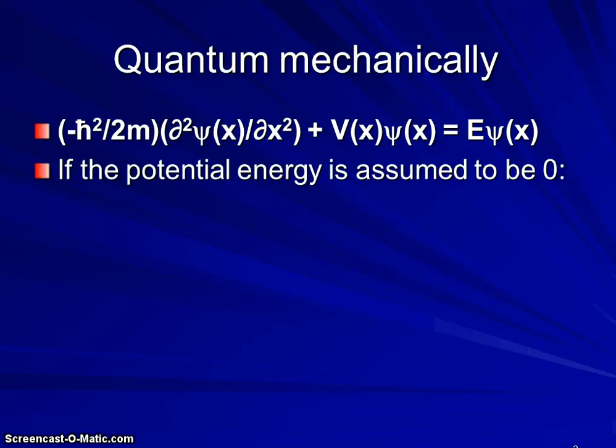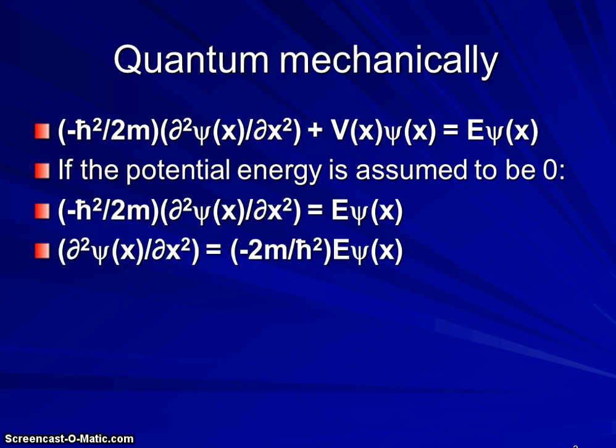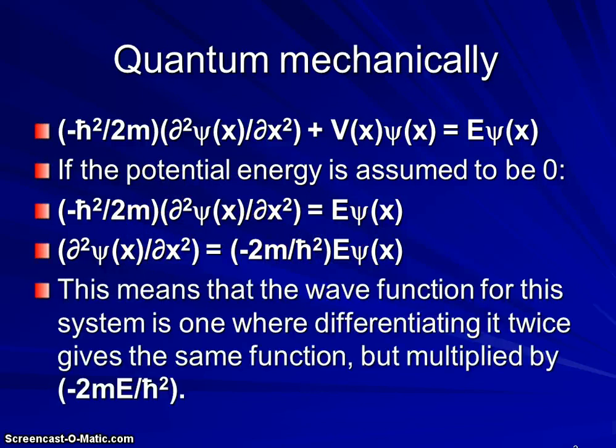If we assume the potential energy to be zero, just to make our math a little bit easier, then that term can drop out, and we can say that the wave function has to be a function such that the second derivative of that function with respect to position gives us the original function times negative 2 times the mass over h bar squared times the energy. So that's just an algebraic manipulation of Schrodinger's work.